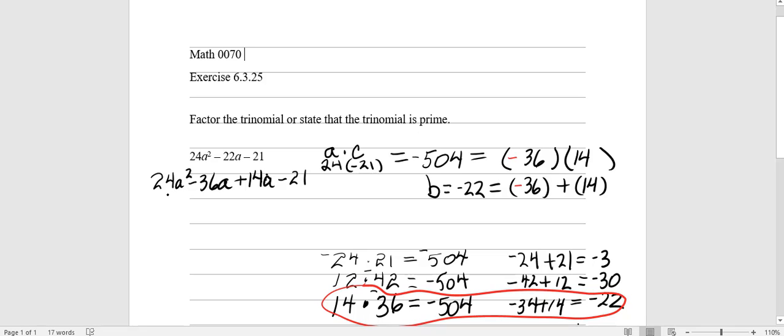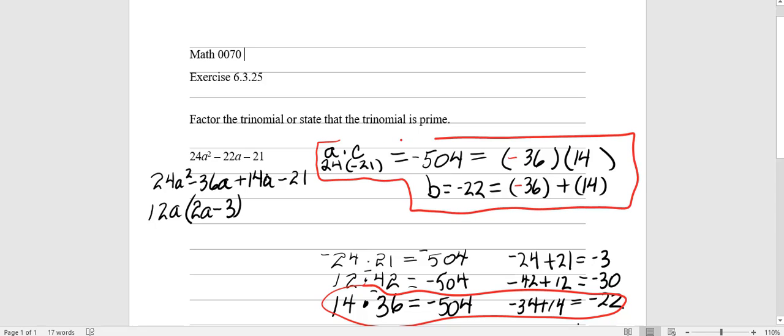So the GCF of 24a squared and negative 36a is 12a. 12a times 2a gives me my 24a squared. 12a times negative 3 gives me my negative 36a. All right, now whenever I find these two integers, as I found here, then that means I am going to be able to factor this by the AC method.